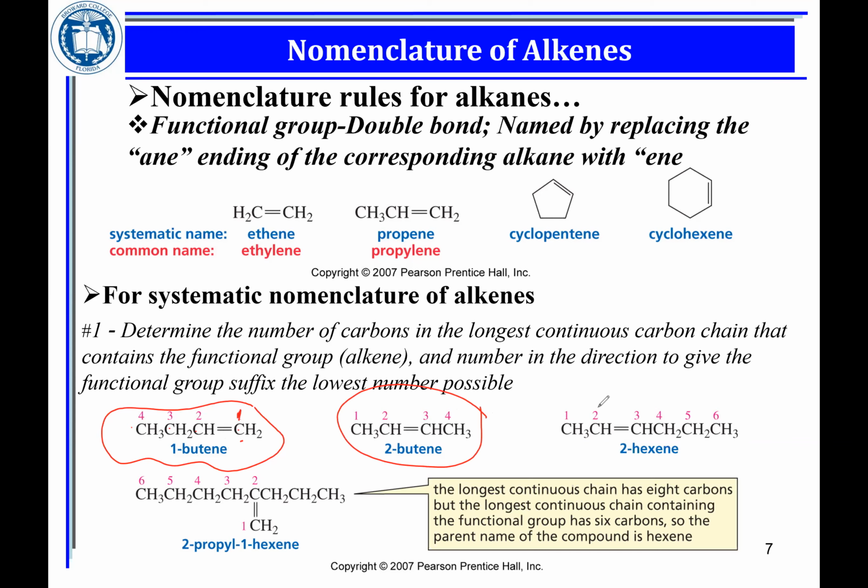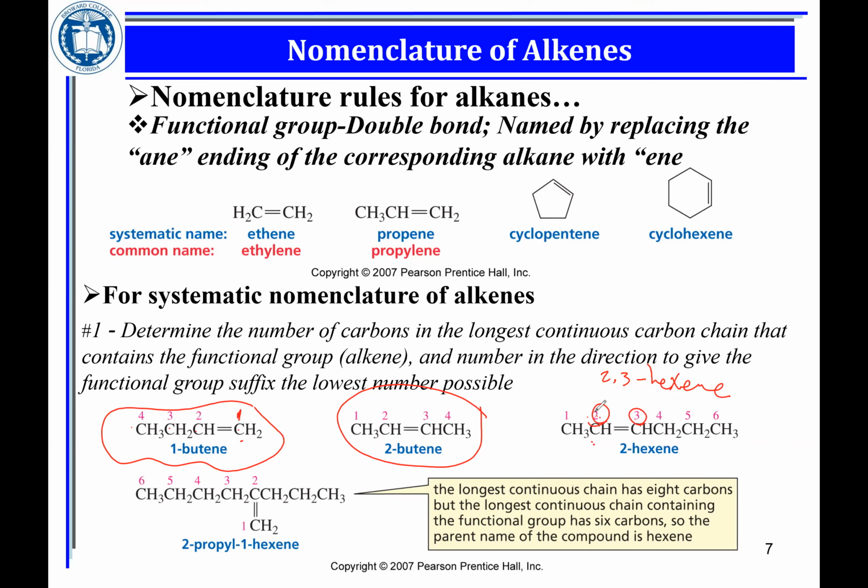And you have to number it from the side that is closer to the double bond. You're not expected to say 2,3-hexene; if you say 2,3-hexene, that means you have 2 double bonds. It's understood that it starts with the lower number and ends with a consecutive number.